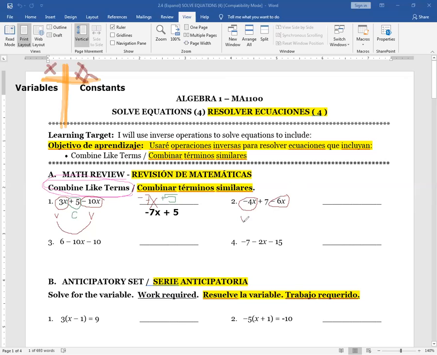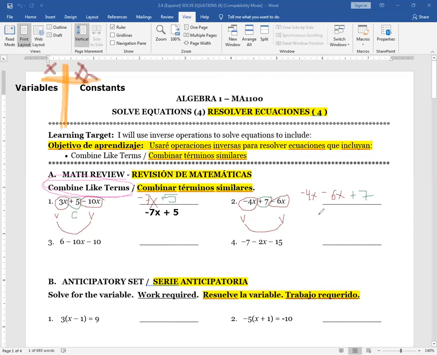All right. So we can combine them because that's a variable expression and that's a variable expression, right? So we can combine these two variable expressions, which is going to be negative 4x minus 6x. And then we have the constant. The constant is positive 7. So plus 7. So in your handy dandy calculator, you can combine negative 4 and negative 6.